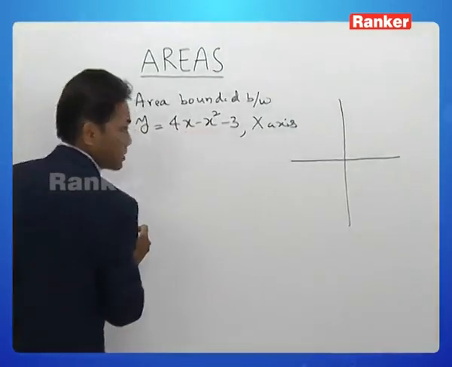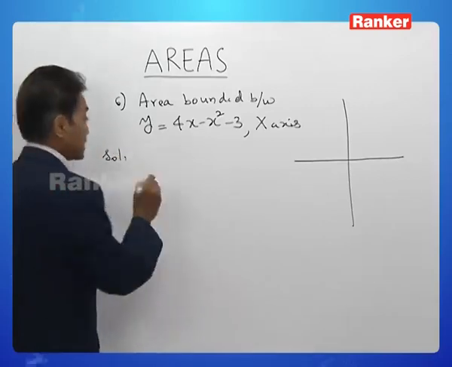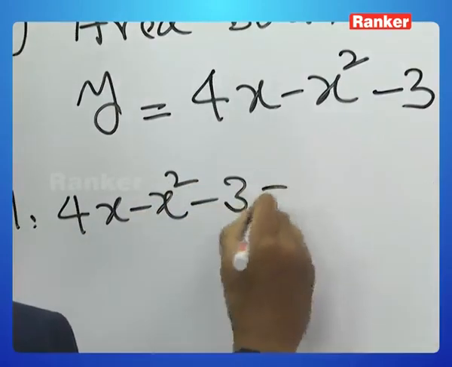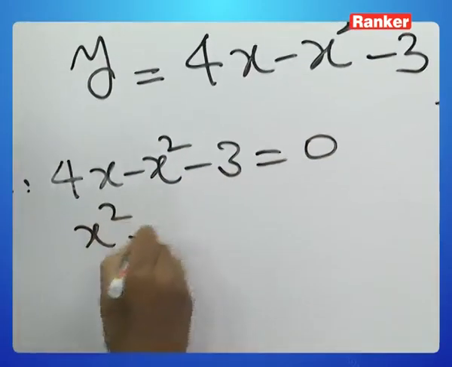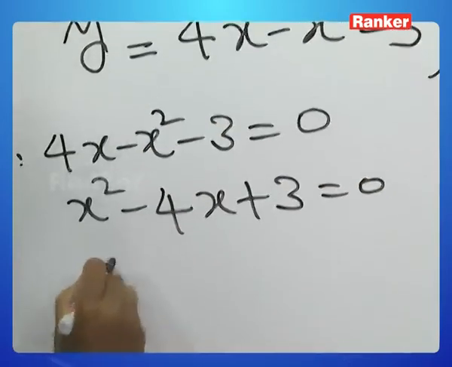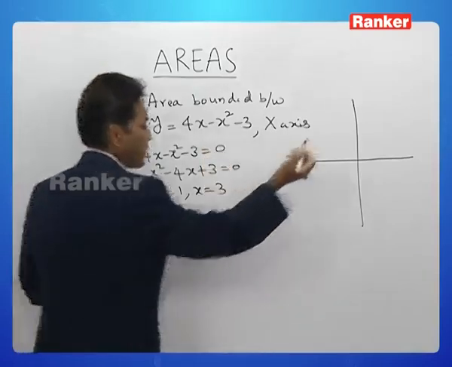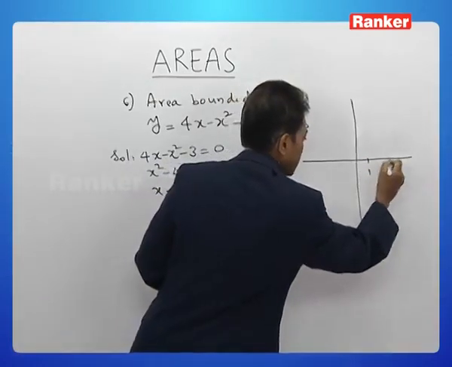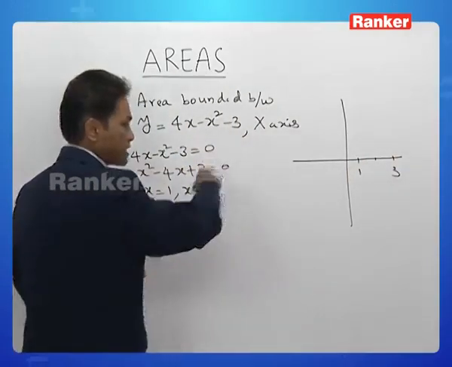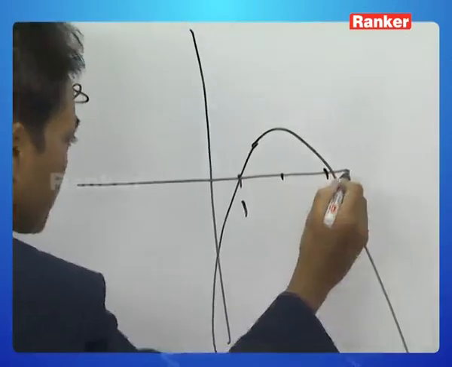Now, let us find these roots where it intersects the x-axis. So, we get like this. So, it is very clear: 1 and 3. So, let us find 1 and 3. So, minus x square means parabola is down. So, this is the parabola, required parabola.